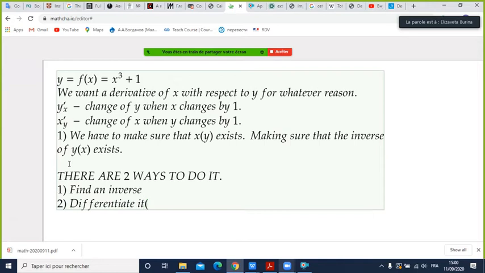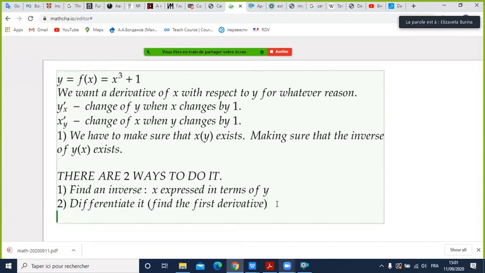Differentiate it, so find the first derivative. Okay, so find an inverse. In this case, it will be x expressed in terms of y.